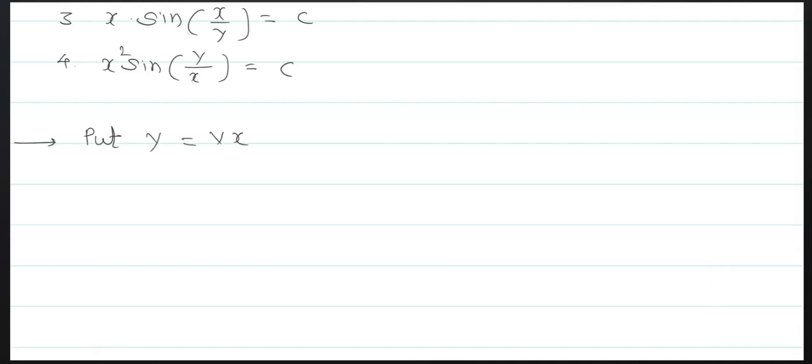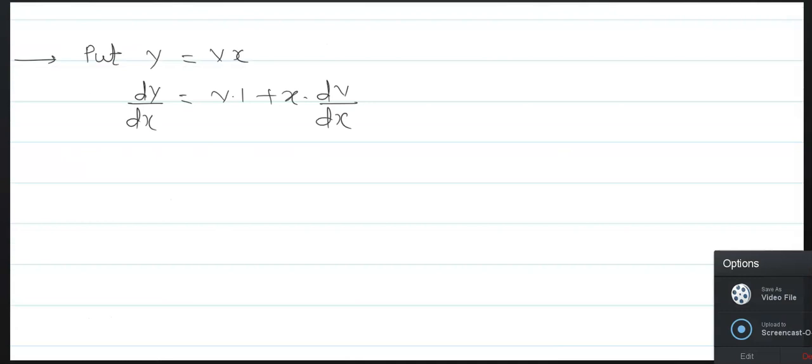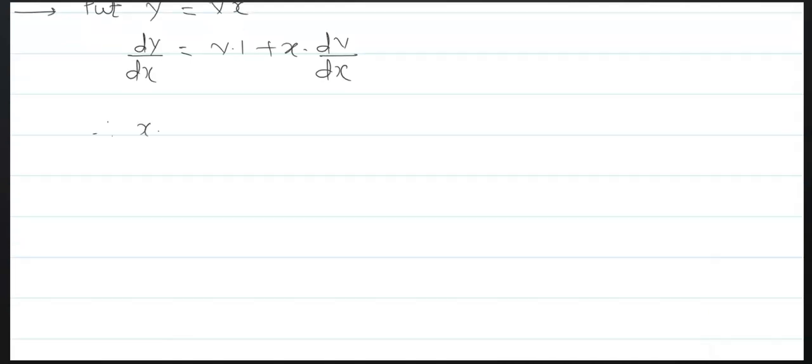Put y upon x, y equals vx. Now differentiate this. Therefore, dy by dx, by applying the product rule, is derivative of x which is 1, plus x into the derivative of v, that is dv by dx.